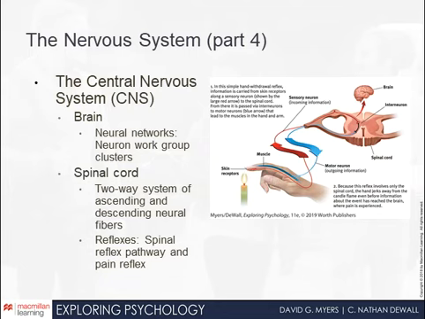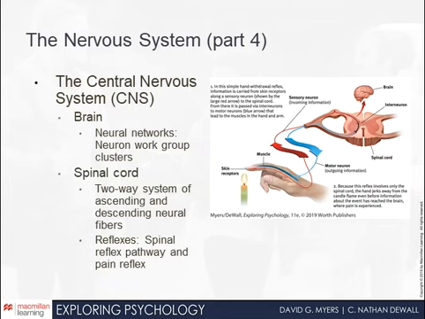Now, I want to point out another thing here. We don't always send all information up to the brain for us to make a decision as to what to do. We'll see this in particular when we go to the next chapter, chapter 3. We'll talk about consciousness. Sometimes things happen without our conscious awareness of it.